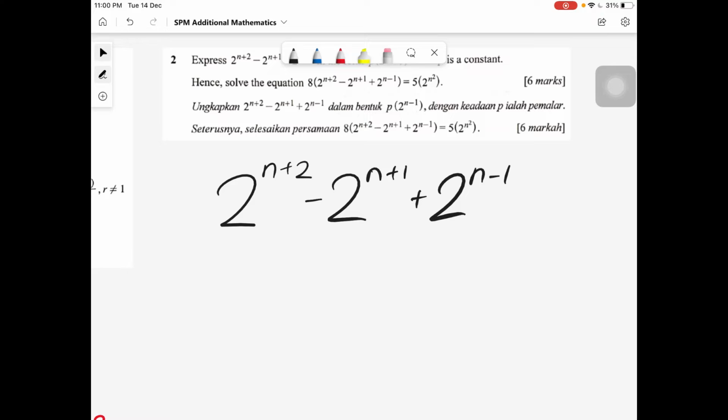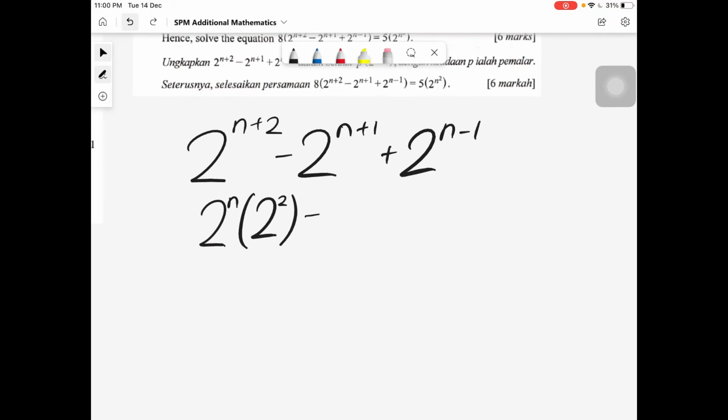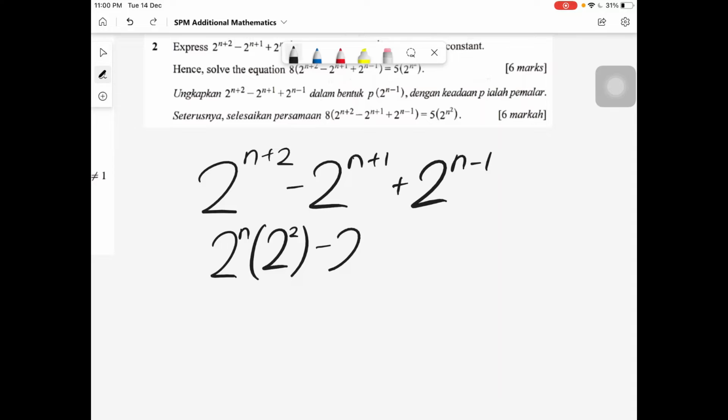Very simple. Since we have done the exercise just now, we just have to reverse what we have done. So 2 power n plus 2, we can write it as 2 power n multiplied by 2 power of 2. Right? Yes. Try the next one for yourself. Pause the video and attempt it yourself. So I will continue at 2 power of n multiplied by 2 power of 1.